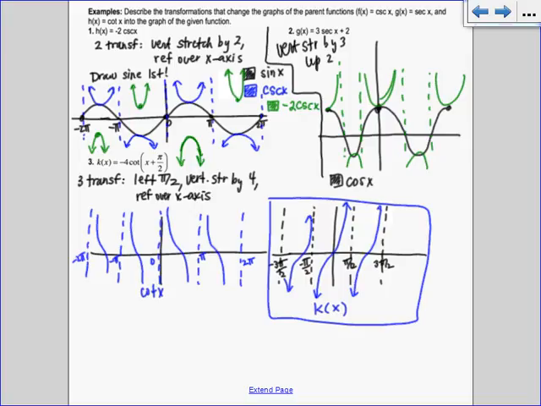So our last step, we can do these 2 steps together, is that we're going to have 3 times secant, so it's going to get skinnier, and then plus 2. So we're going to go up 2. So a lot of times it helps to think about where your middle line is. Like originally your middle line's on the x-axis. Do you guys see that? But now this middle line is going to be up 2. So if you need to kind of draw a little middle line, that helps, and then go 1 unit up and 1 unit down from that line.